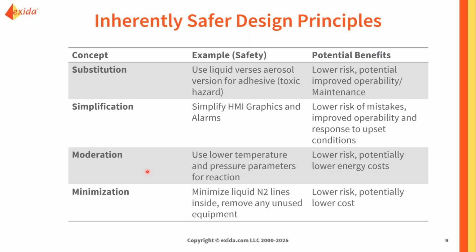And so by making a conscious decision to operate at a lower temperature or pressure, we have more bandwidth. If there was some sort of small leak, because it's at that lower pressure or lower temperature, it's going to be a less severe impact than if it was at an extremely high temperature or pressure.